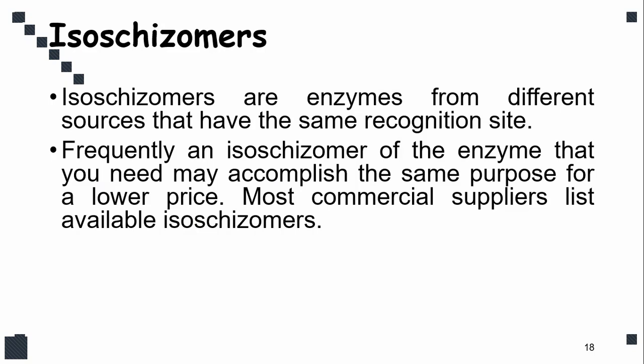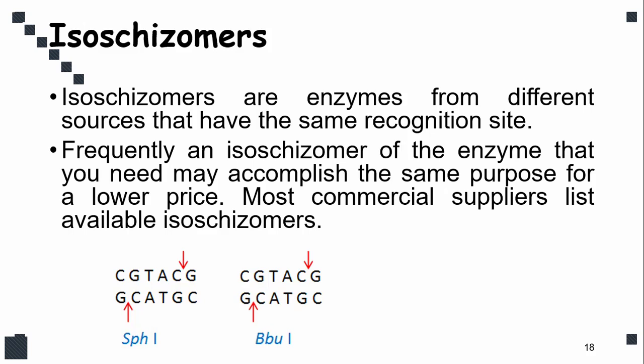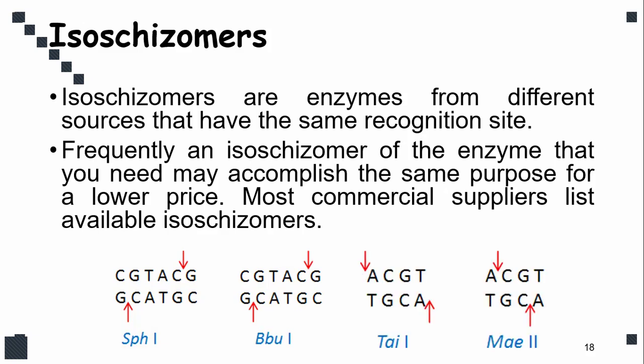So that is where the idea of isoschizomer is coming from. Remember, iso for the same, schizo for cutting. And that is what you are seeing. You can see the same sequence, but cut by 2 different enzymes. Another one, you can see the same sequence cut by two different enzymes.